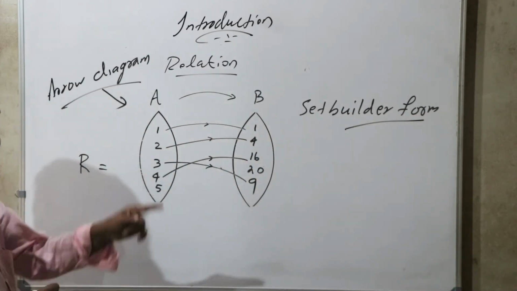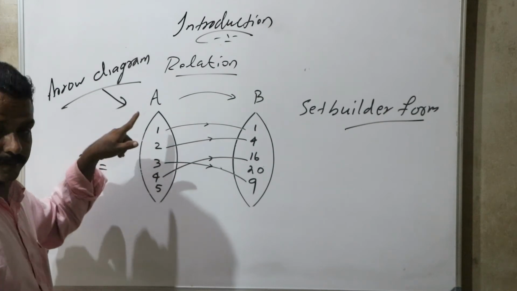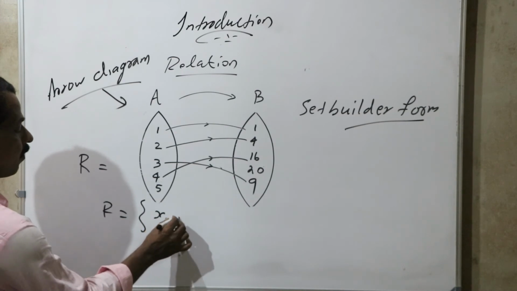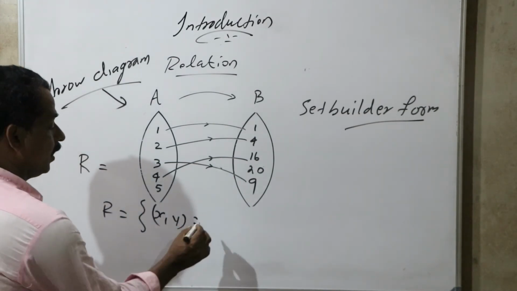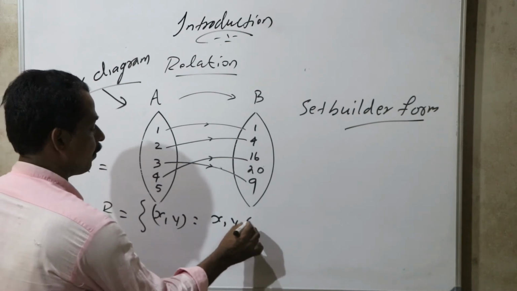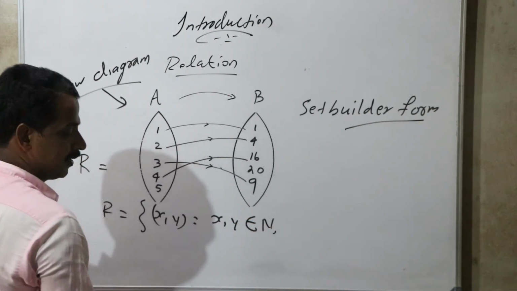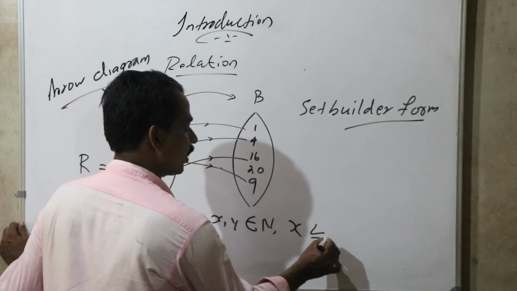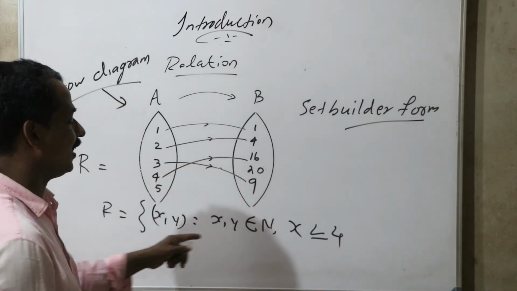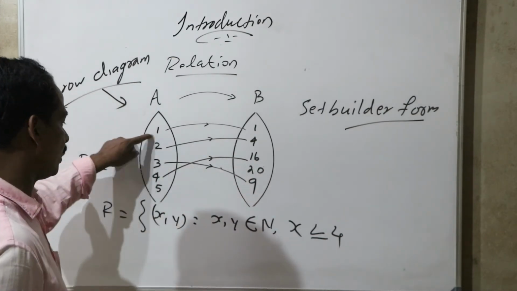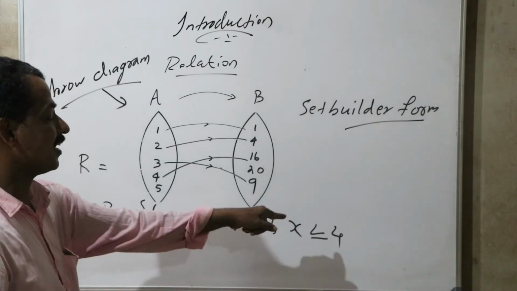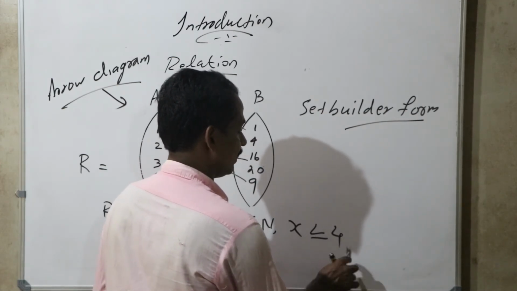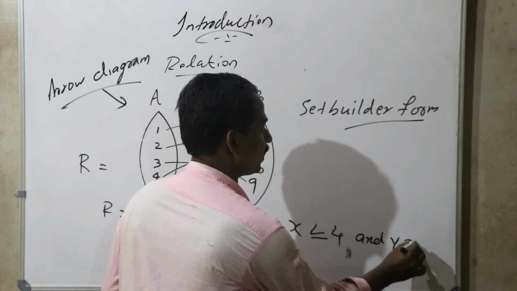Look, the set builder form of this relation R is equal to {(x, y) such that x, y are elements of N and x less than or equal to 4 and y is equal to x square}. 1, 2, 3, 4. x is less than or equal to 4 and y is equal to x square.